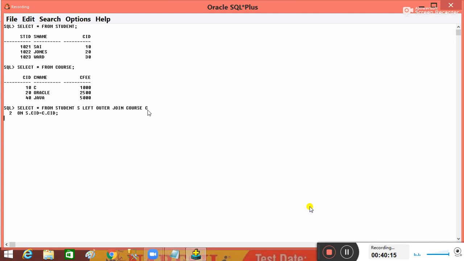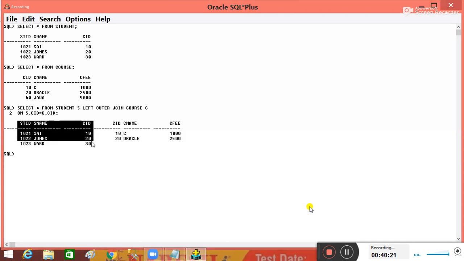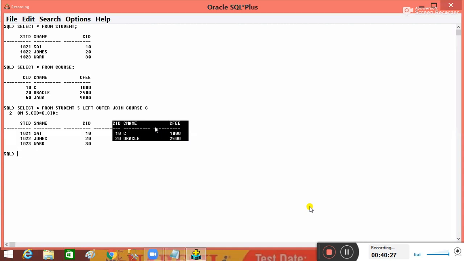Now let me see what happened. From the left side table, the student table, we have student ID, student name, CID. On the right side, the course table, course ID, course name, course fee. For the left side table, student, both matching data and unmatching data are coming. Yes or no? But on the right side, we got only matching information.